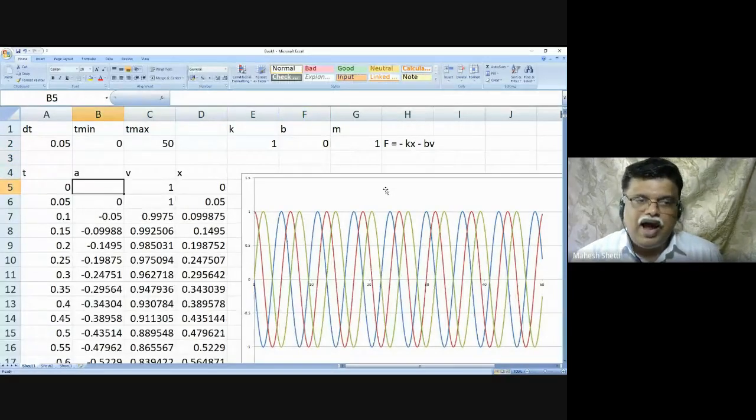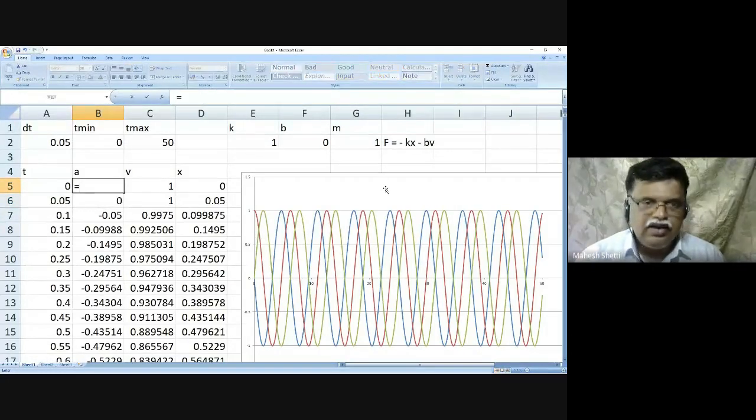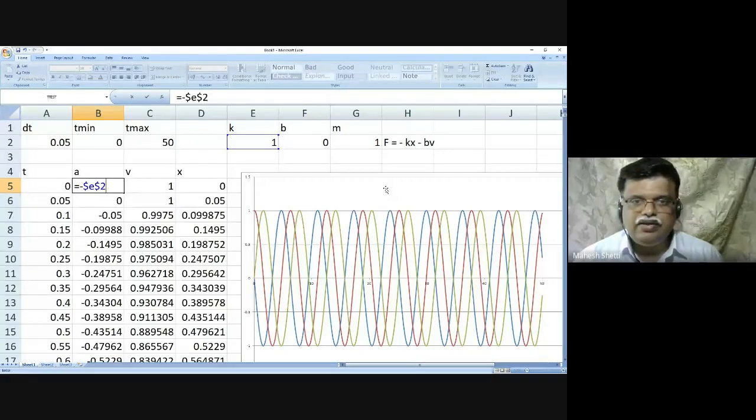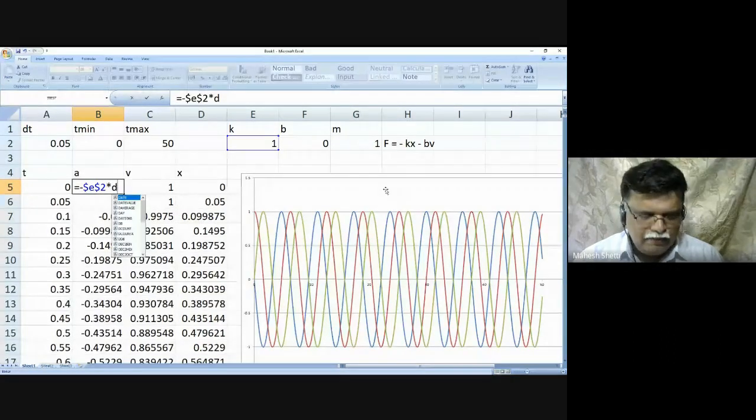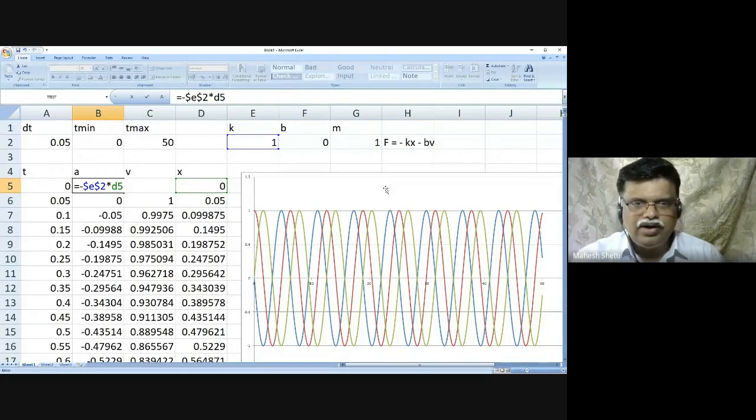Okay, so I had originally thought, let me put acceleration based on the velocity and displacement. So I had put this formula equal to minus E2 into x, which is d phi. Let me right now not write the damping term because I'm keeping it constant at 0.